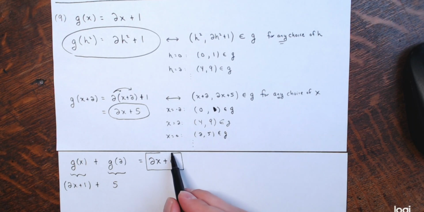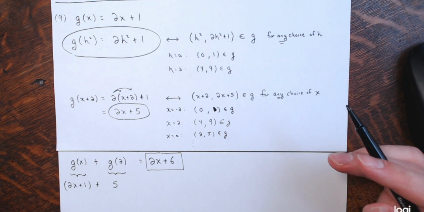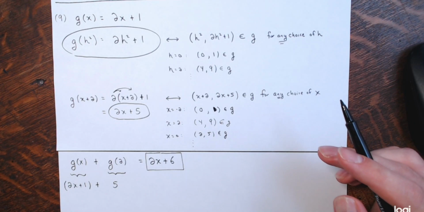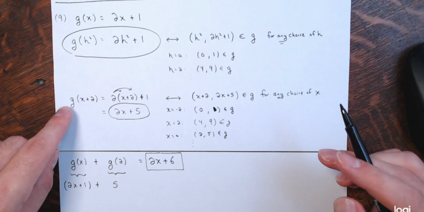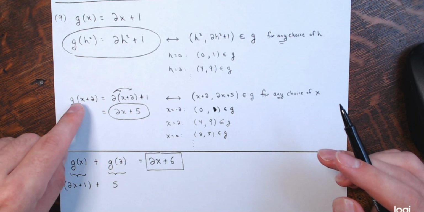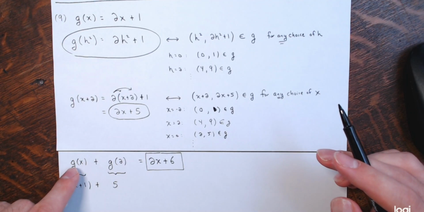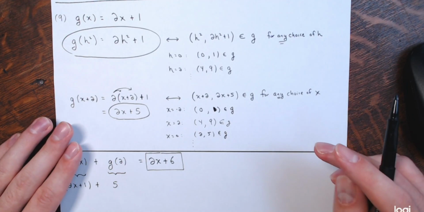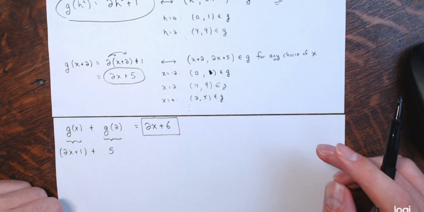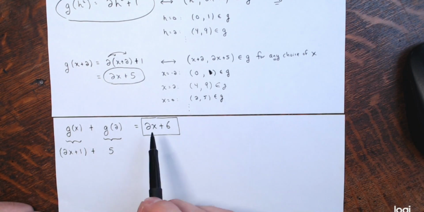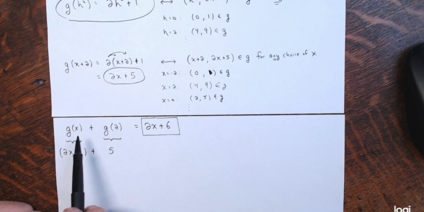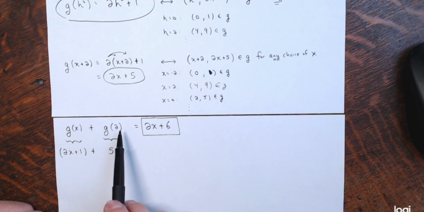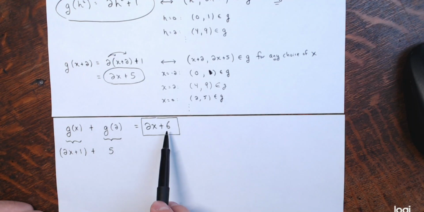Now, unfortunately, this doesn't give me really any ordered pairs, because this is not just a single G. Right? It's not just G of something equals something. It's one evaluation of G plus another separate evaluation of G. So I don't get really any ordered pairs out of this. But notice that the expression in the third part, when I did G of x plus G of 2, got 2x plus 6.